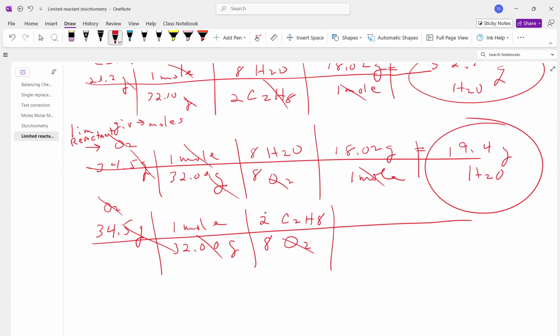And ethane is 32. Okay, now this calculation will tell us how much ethane is used if we totally use up the oxygen.